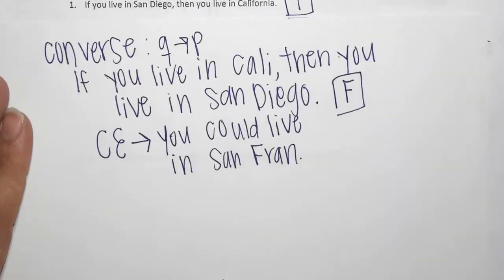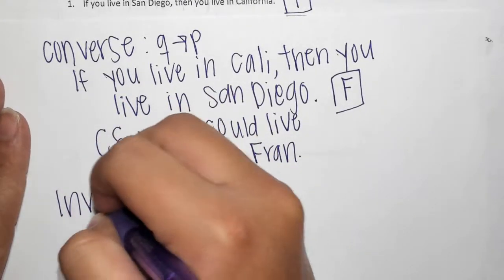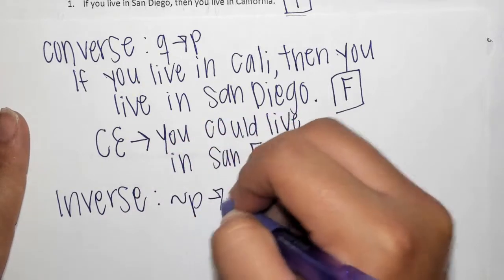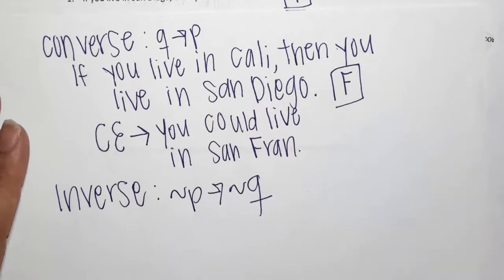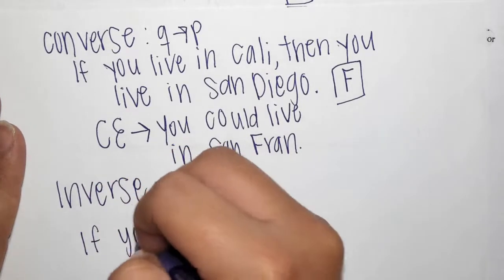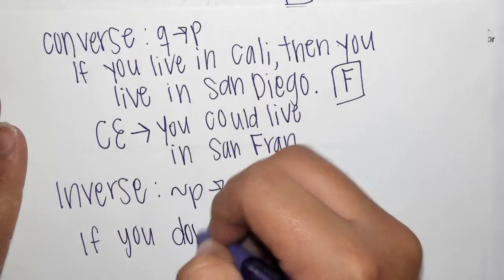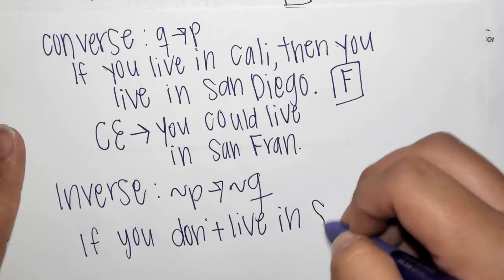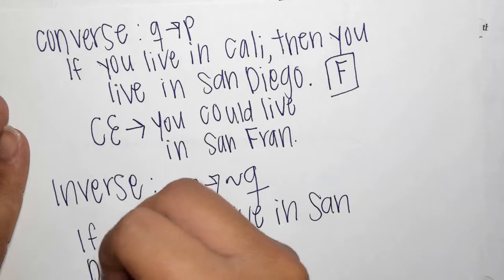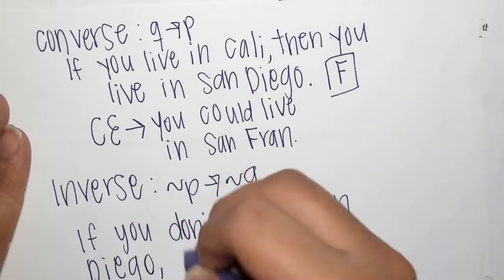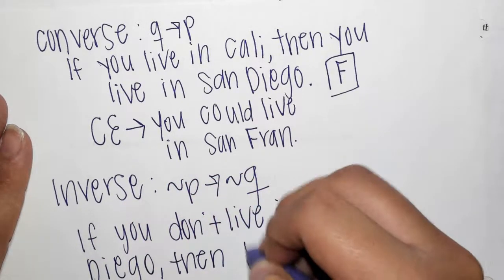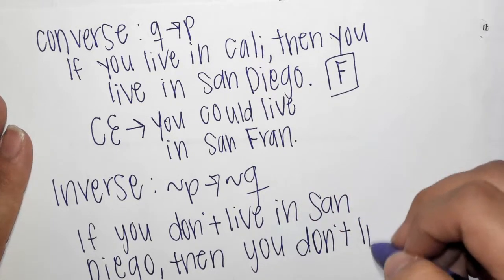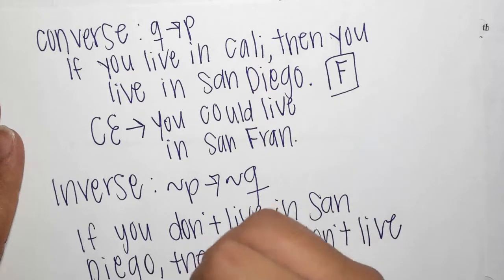All right, let's write the inverse. The inverse is if not P, then not Q. So if you don't live in San Diego, then you don't live in Cali.